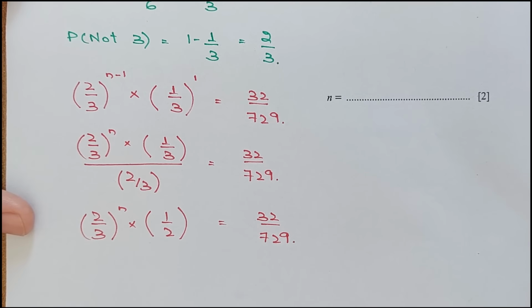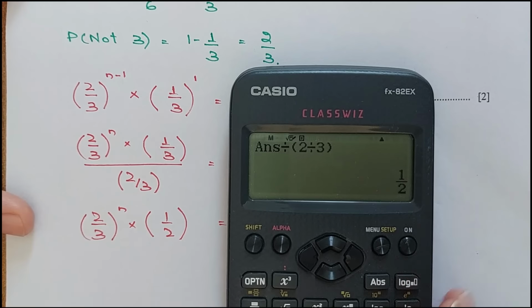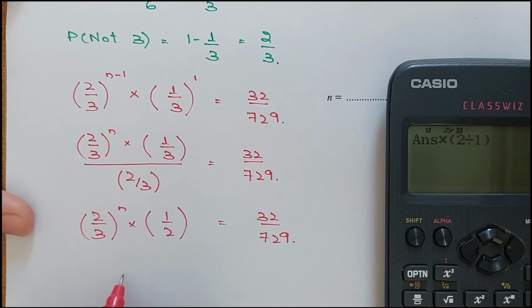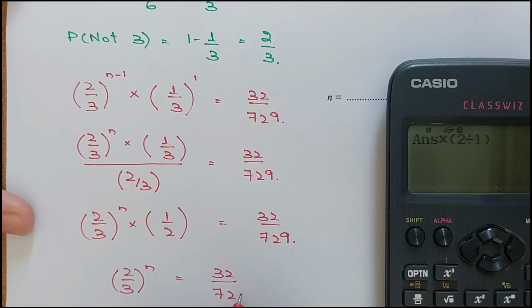We multiply by the reciprocal, 2 by 1, and this is 64 over 729. So 2 by 3 to the power n equals 64 over 729.